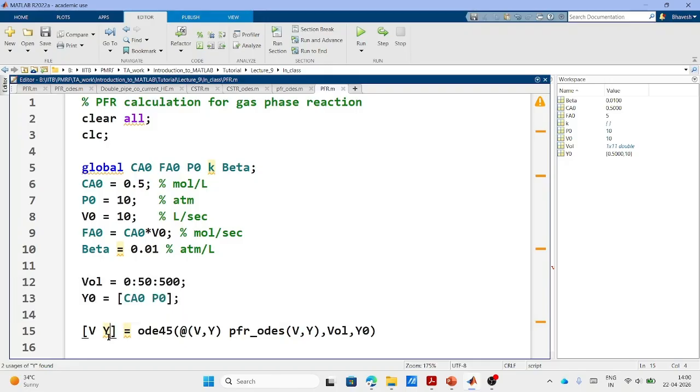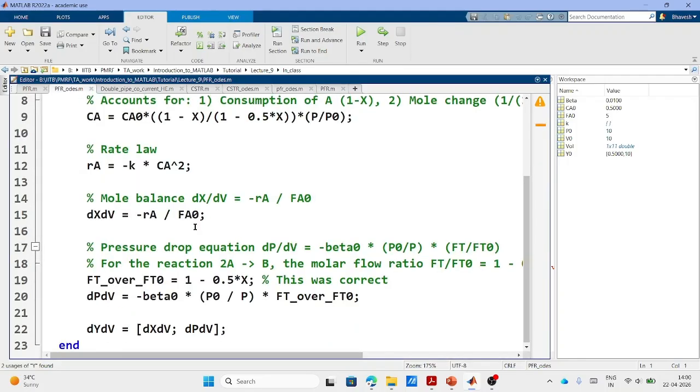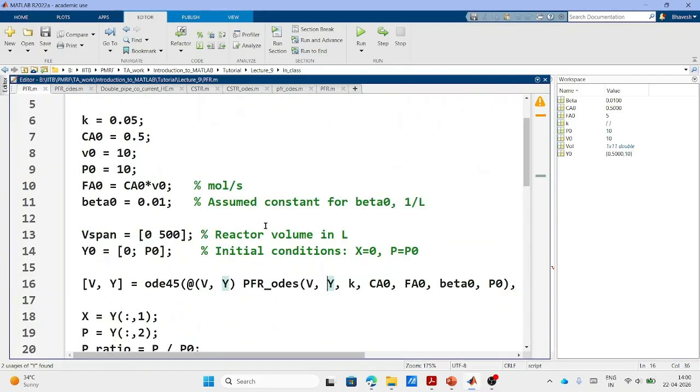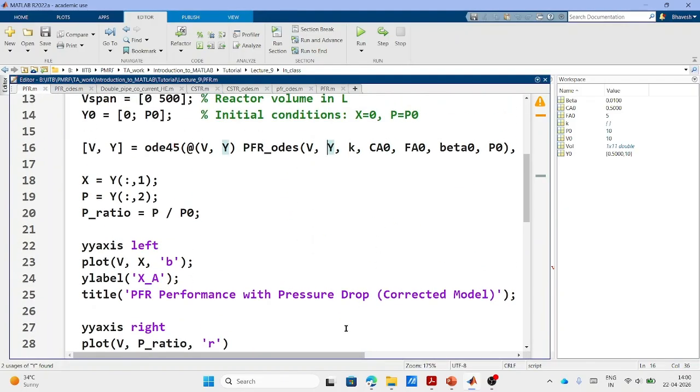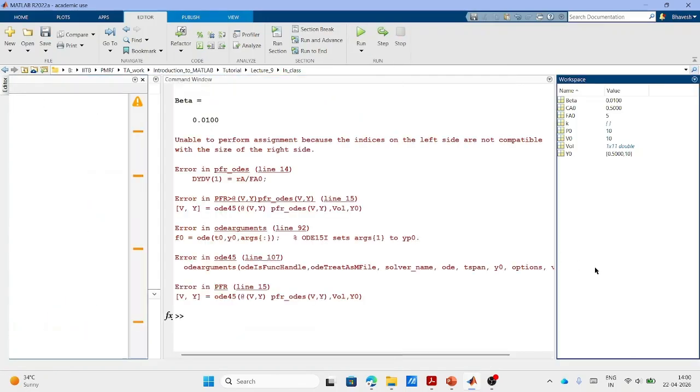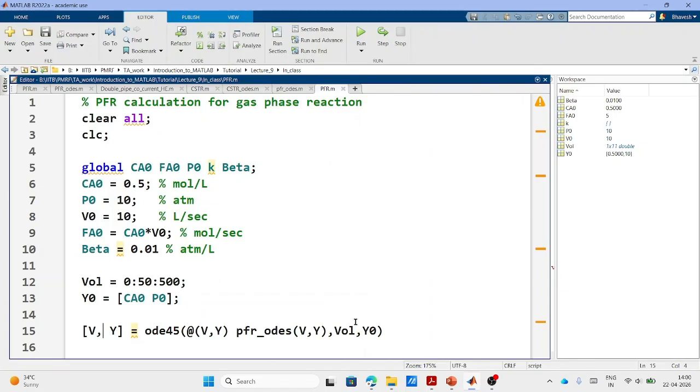Vy is defined as ODE45 V comma Y, span volume, Y0. Here I don't write it, so CA0, F0, beta, P0. Still an error.